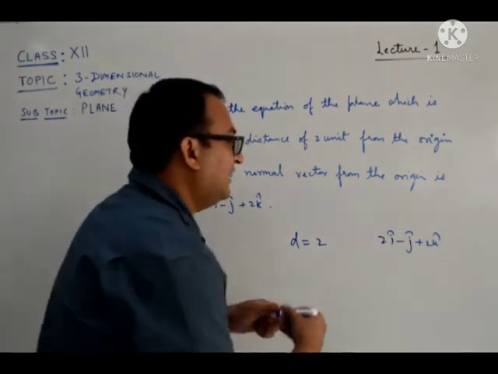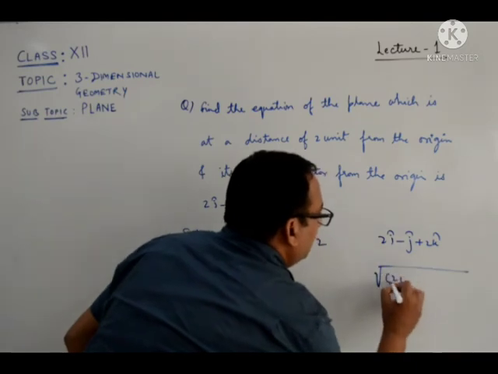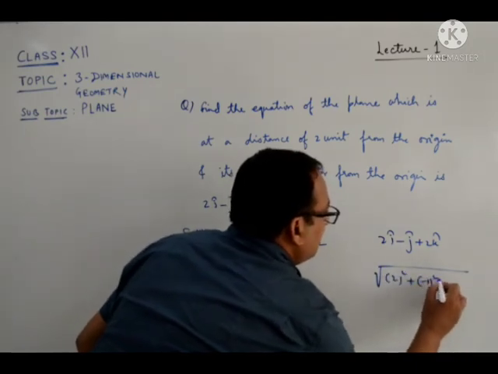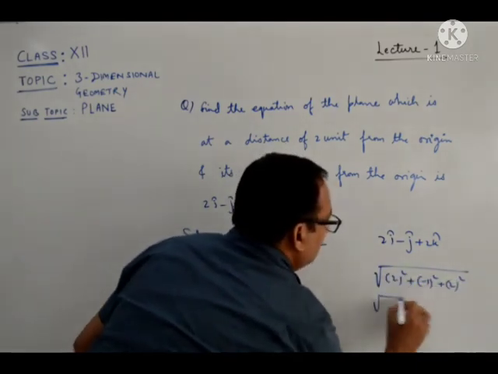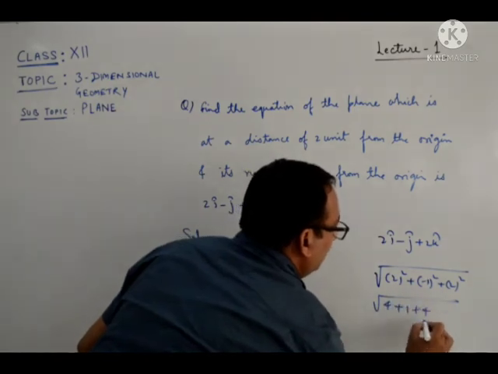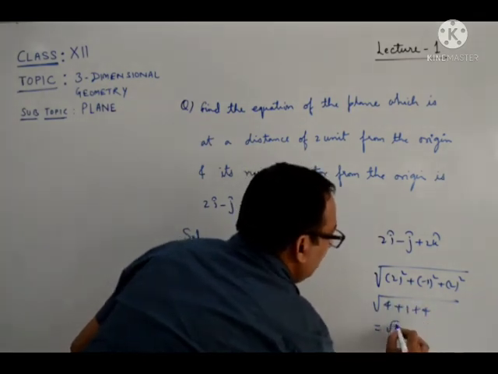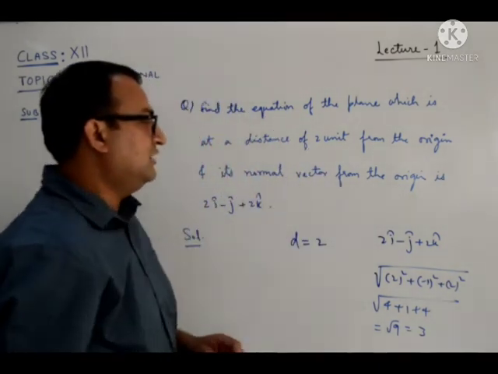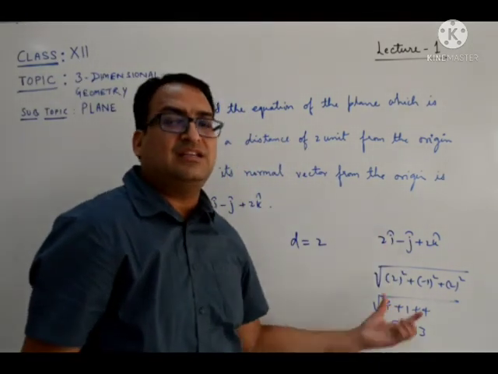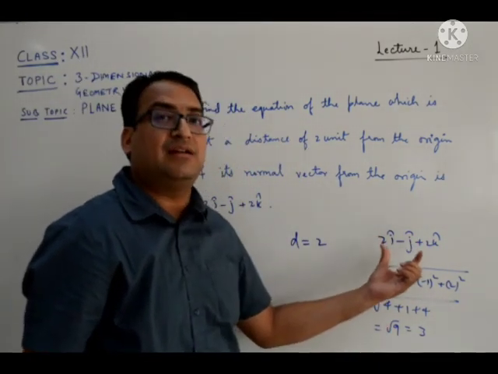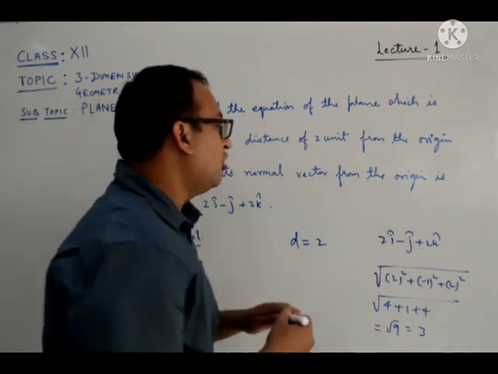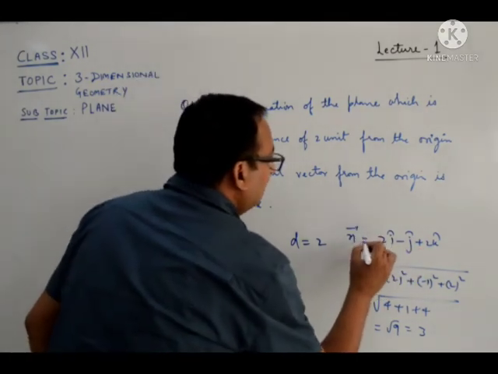The magnitude of this vector is square root of 2 squared plus minus 1 squared plus 2 squared, that is square root of 4 plus 1 plus 4. It is square root of 9, that is 3. So from the magnitude, you can say this is not a normal unit vector. It is a normal vector, not a normal unit vector.